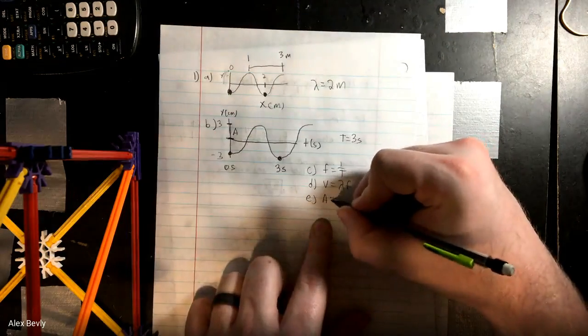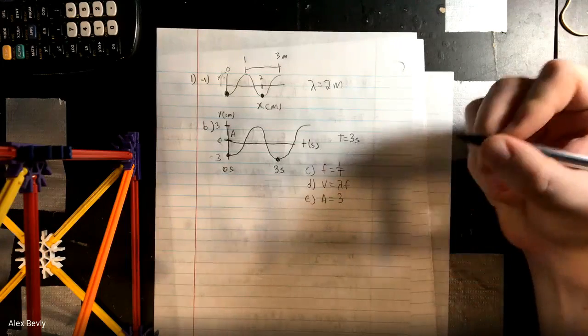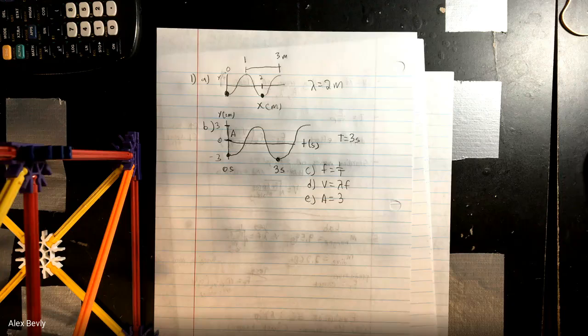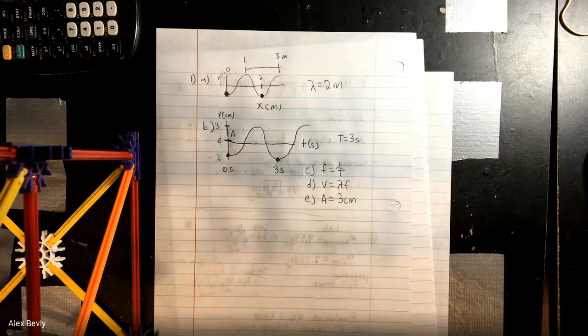So our amplitude is, and make sure you give the right units, what's our amplitude? 3. 3 centimeters. Yeah. So obviously the graph's not to scale, but yeah, 3 centimeters.